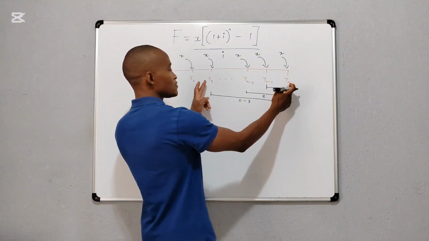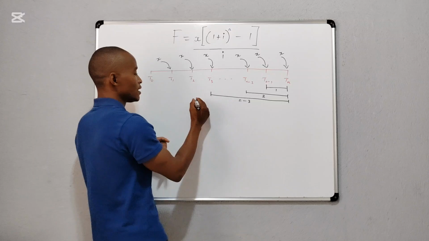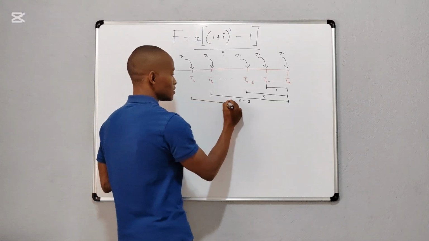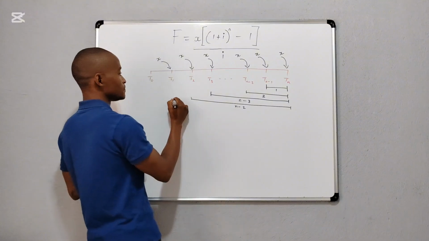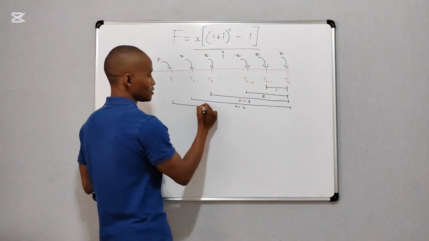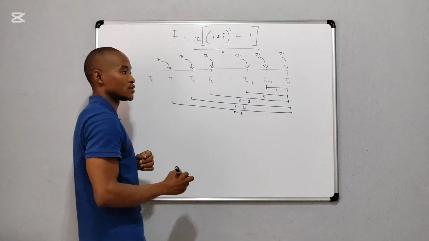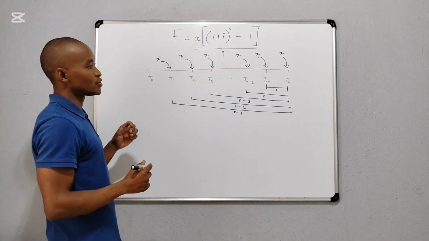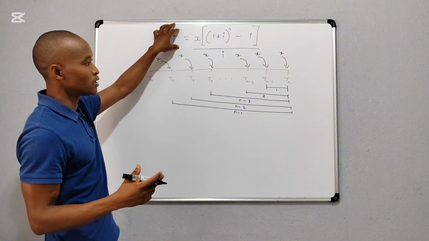Okay, so the distance from T3 to Tn is definitely n-3, and this one will be n-2, and that one will be n-1.